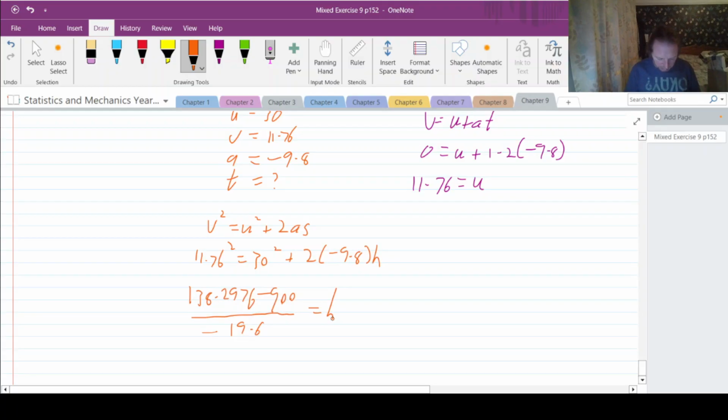So 11.76 squared, take away 900, is minus 761, divided by 2 and divided by minus 9.8. We get a height of 38.86 meters is equal to h. All right.